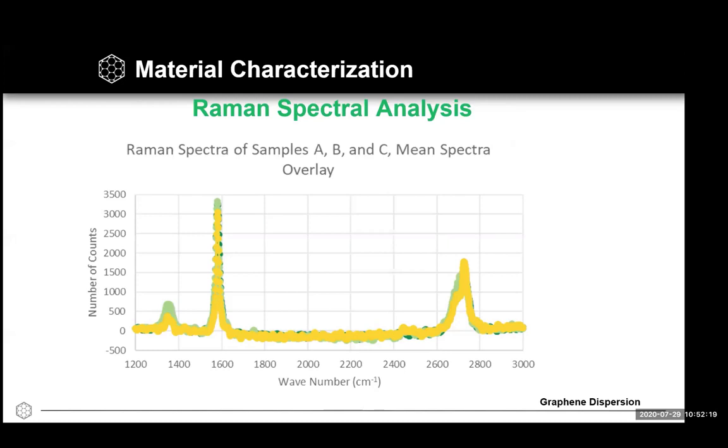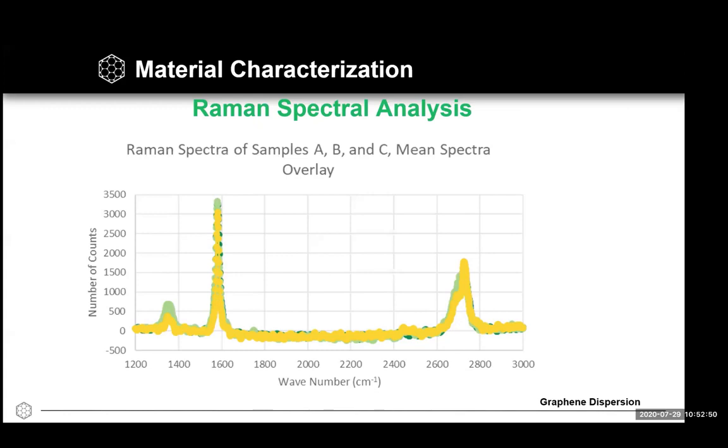Here in this slide we have three different spectra from the same graphene product, but from different batches, different lots. You can see we have three different peaks. The first one, around 1350, is called the D peak, the disorder band, also referred to as the defect band, and it represents the ring breathing mode from the sp2 hybridized carbon ring.